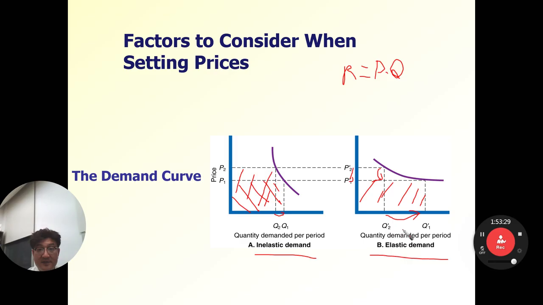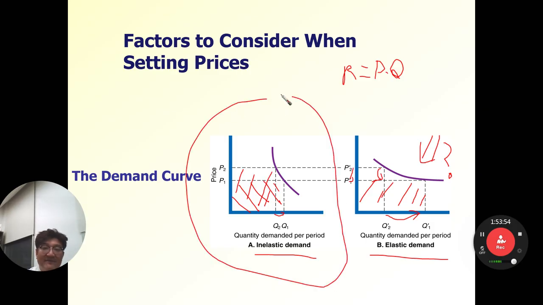Because when you decrease the price, you have a huge increase in the quantity and you're going to be better off. It looks like you might want to have demand like this. Are you sure? No, it is not. As a marketer, we want to have inelastic demand.